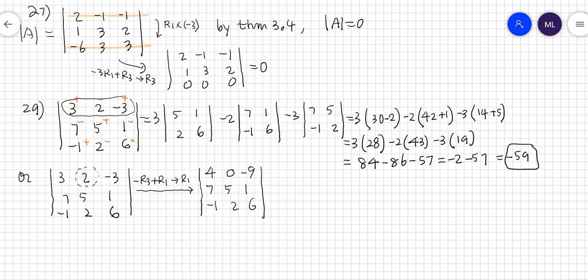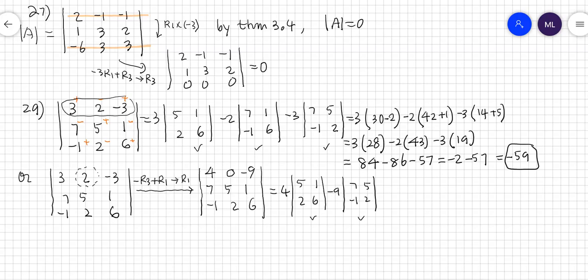Then now the determinant is 4 times 5, 1, 2, 6. And this is negative 9, positive, negative, positive again, negative 9, and then 7, 5, negative 1, 2. Instead of adding 3 terms, I'm adding 2.